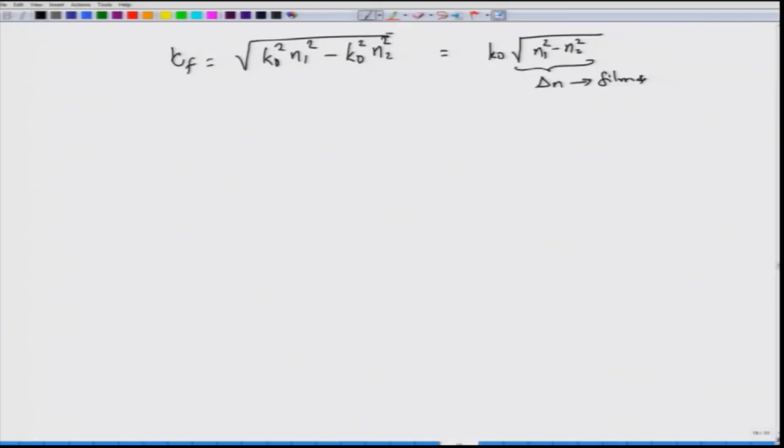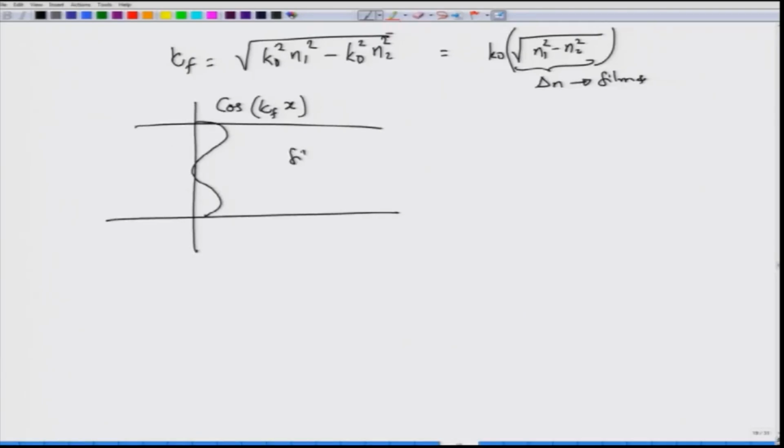So, this refractive index difference, or at least the square root of it, if I define the entire quantity as a measure of refractive index difference, is directly proportional to kappa f. And why is kappa f important? Because kappa f corresponds to the way in which the waves are standing inside the film, right.